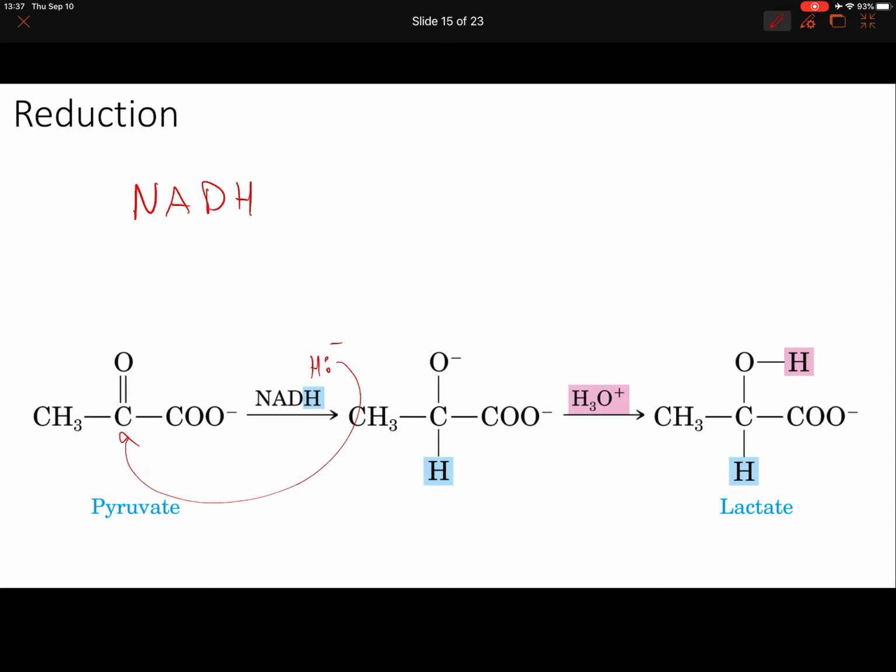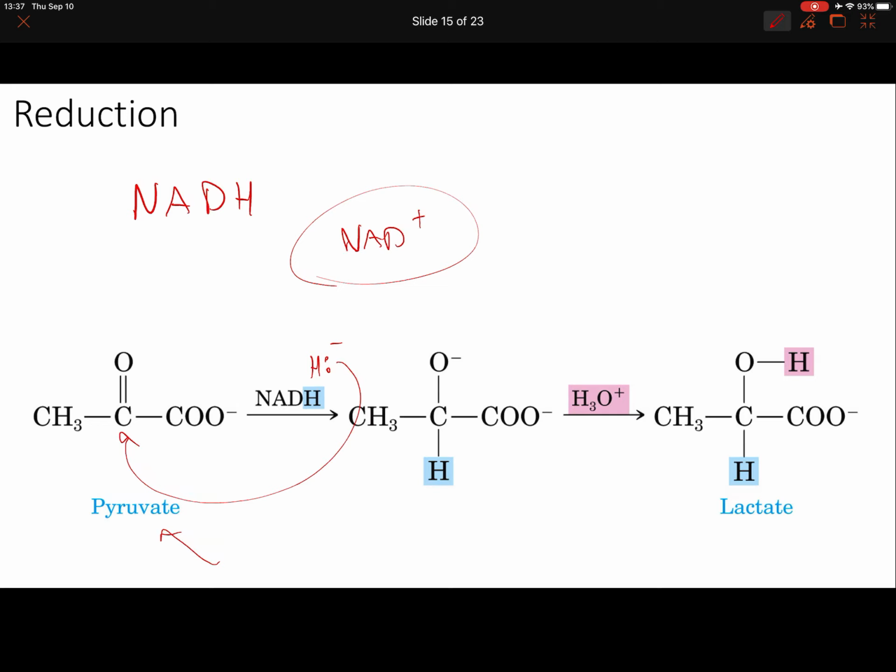And then the reduction, so in this example, you can see the reduction of pyruvate, which is the end product of glycolysis, actually gives lactate. So if we don't have oxygen around and we can't take pyruvate into our citric acid cycle, which is an oxidative cycle, we need to regenerate NAD+ so that we can get some energy.